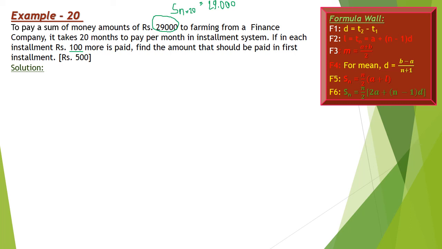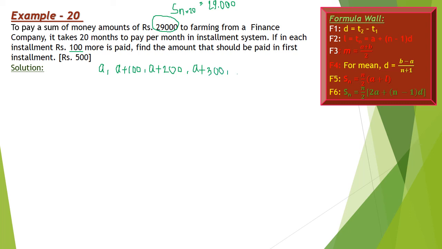If we construct our series roughly, then it is A, and next it is A plus 100, and next it is A plus 200, and A plus 300. So our common difference is 100.